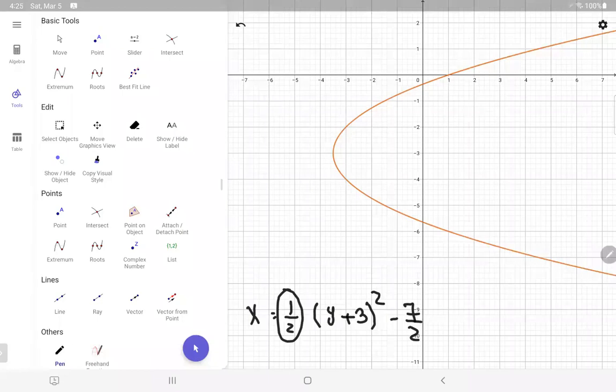Let's look at the vertex. The value of y is -3. The value of x is -7 over 2. So what did we get?